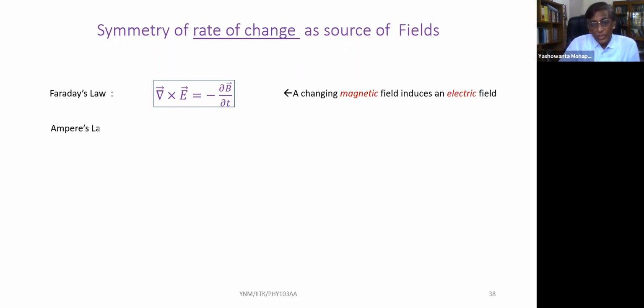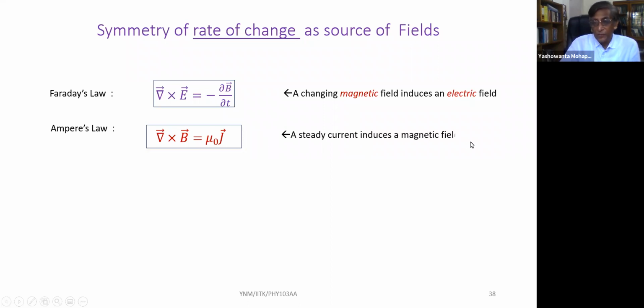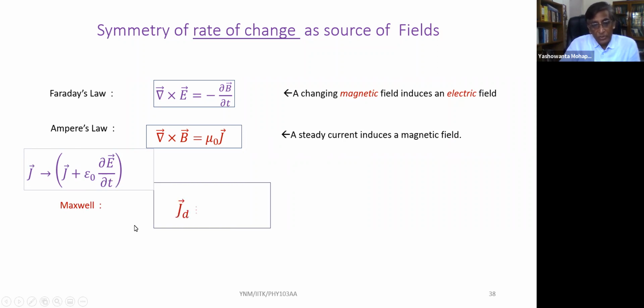In Ampere's law, it was not change, but a steady current that induces a magnetic field. Now if I replace J by J plus epsilon naught del E by del t, then this can be considered Maxwell's contribution.